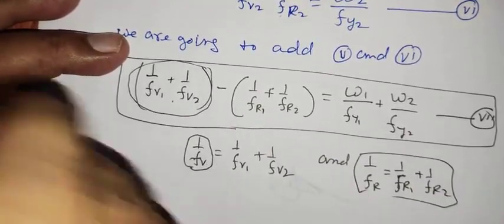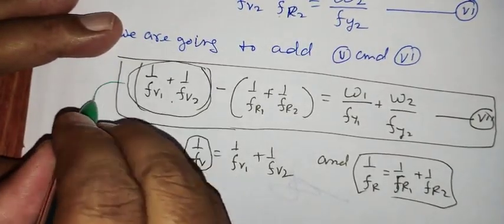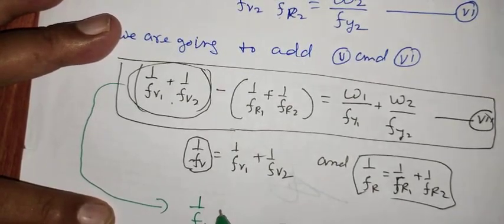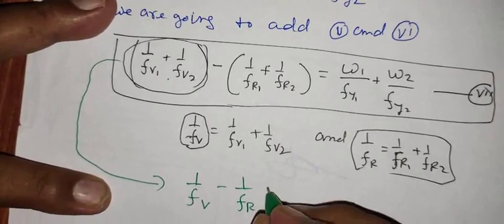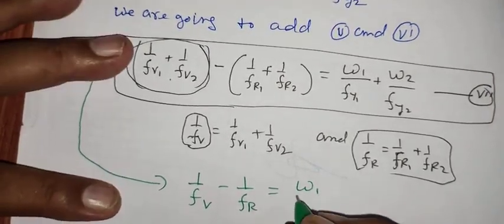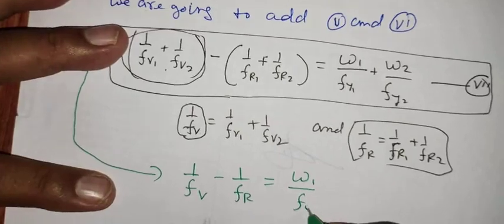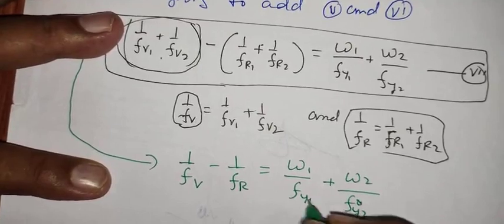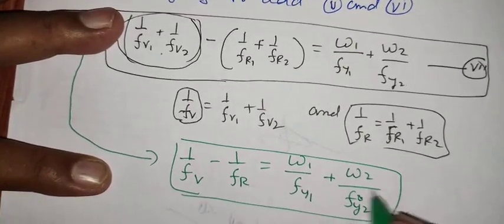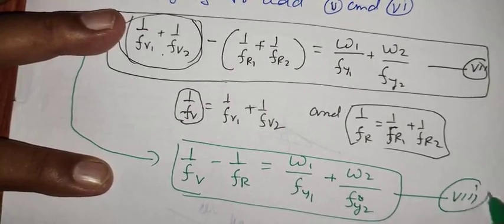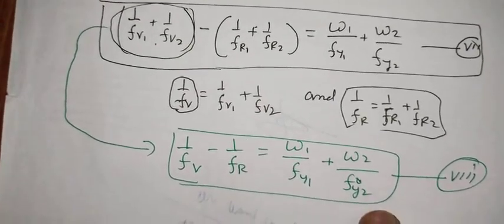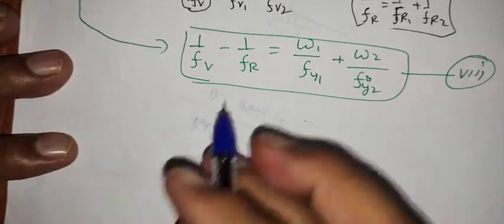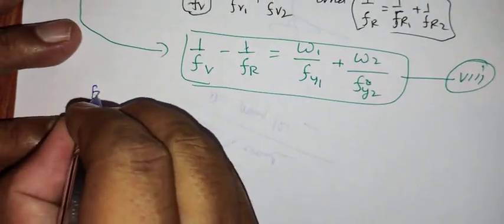So using these two relations, expression 7 can be written as 1 upon fv minus 1 upon fr is equal to omega 1 upon fy1 plus omega 2 upon fy2. This is equation 8. Now how will we deal with this equation for achromatism?